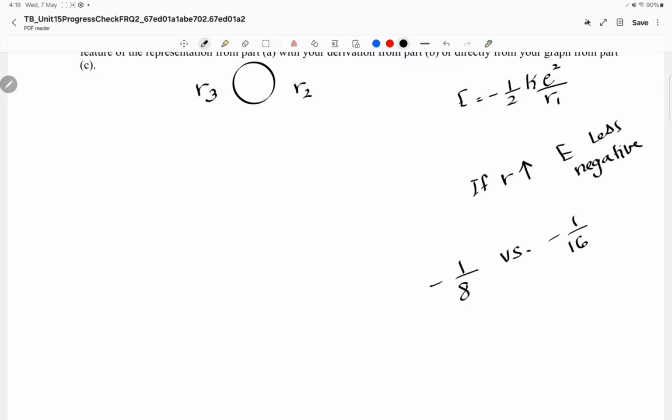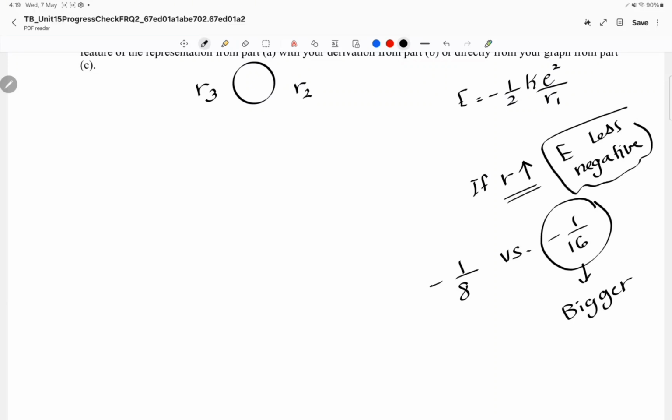This one, minus 1 over 16, because with negatives, everything is the opposite. So this is the bigger number. And so basically, as the r gets bigger, the E becomes less negative. And so r3 is going to be bigger than r2.